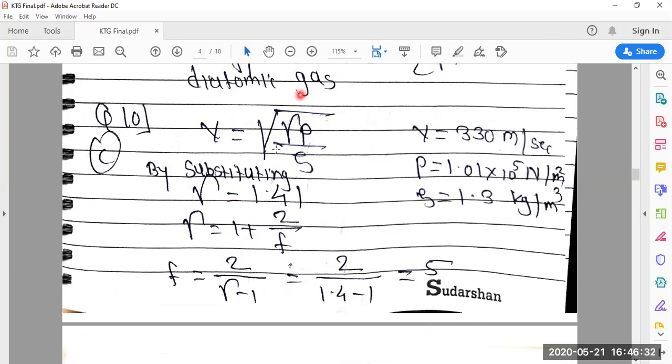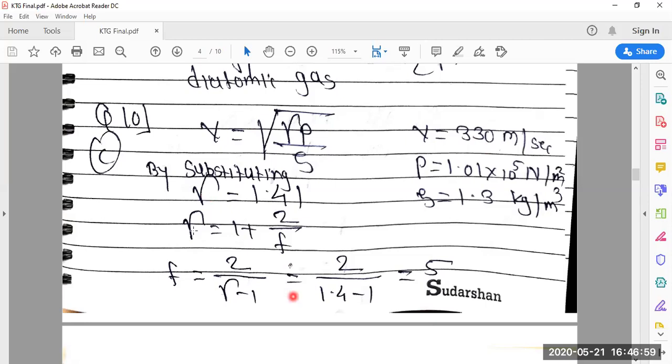This is according to the velocity of sound, v equals square root of gamma P upon rho. Substitute the values of velocity, pressure and density, which are all given. When you put these three values in this equation, we get the value of gamma, it is equal to 1.41.